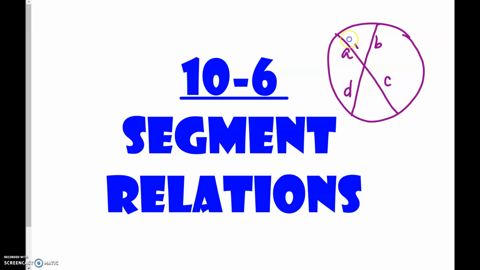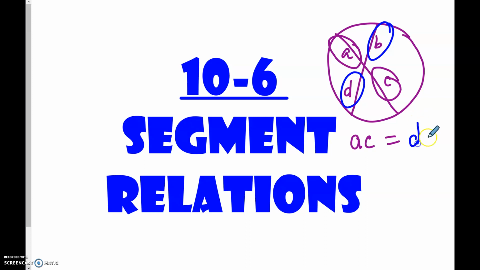And what we found out is if we took part times part, so A times C equals the other part. So when we take B times D, okay, so part times part and part times part, these are going to end up being equal. They cut each other proportionally so that when we multiply them together, they are equal. So we did this with the chords on the inside.